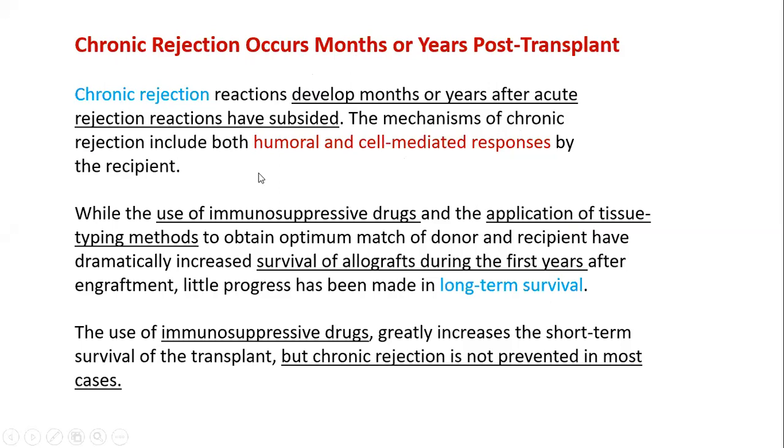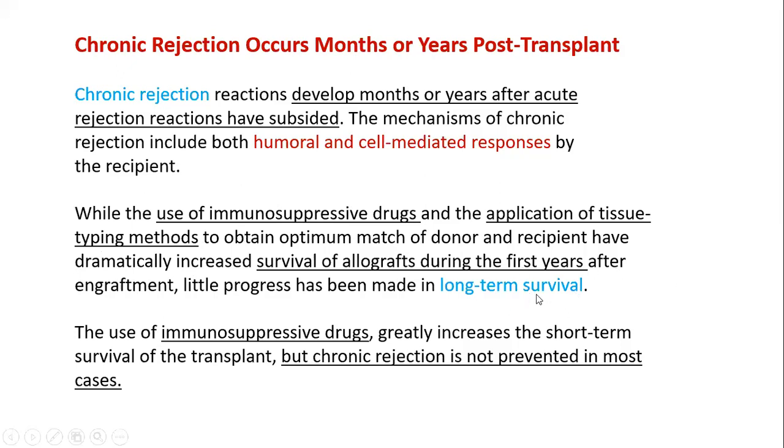So how do you reverse the rejection, in all transplantation rejection processes? You try to suppress the immune responses. You try to suppress the recipient's B and T lymphocytes using immunosuppressive drugs, which will help the survival of the graft. But whatever immunosuppressive drugs are used by physicians so far in transplantation biology, they have limited success in terms of time and duration.